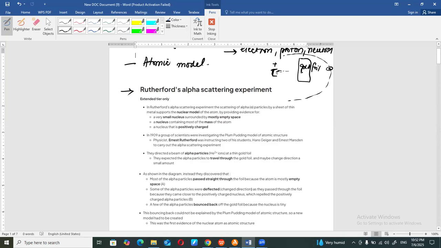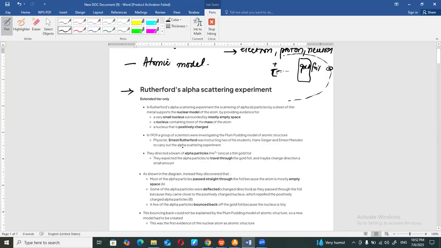Very interestingly, we already know that these alpha particles are positively charged, and when they are bombarded on a gold foil, there are different observations. What are those observations?